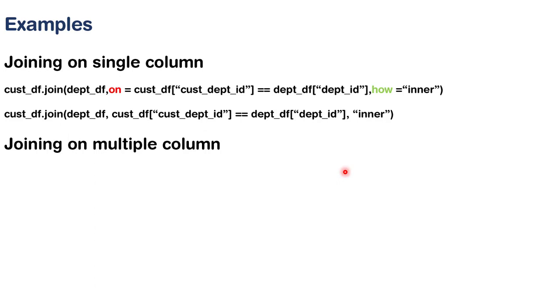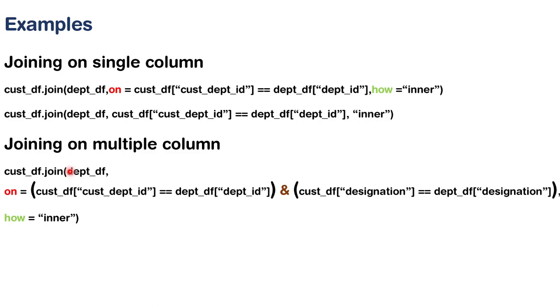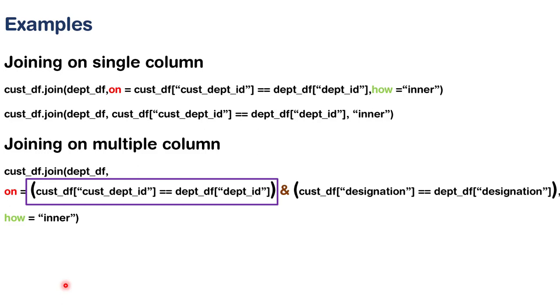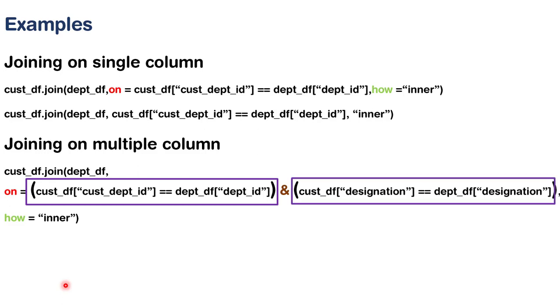Now let's see how to join on multiple columns. This is an example of multiple columns. We are joining between customer df and department df, and these are two joining conditions that we are giving, one is this, one is this. We are joining between customer department id and we are taking designation from both.